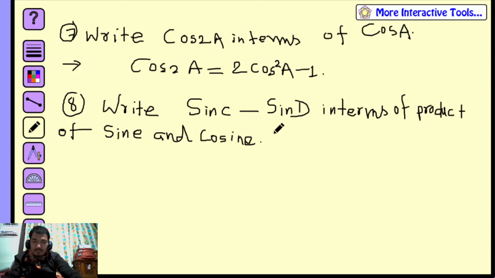In such a case, sin C minus sin D, we know its answer. When there is minus, first there will be cos.